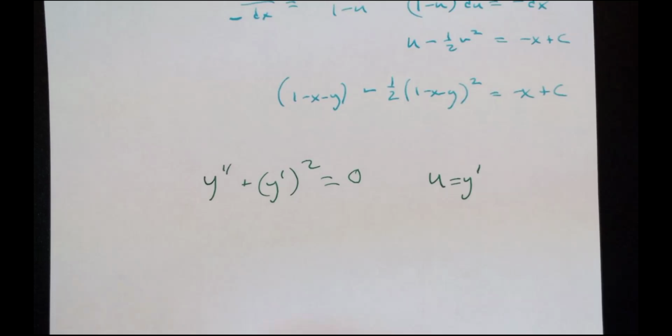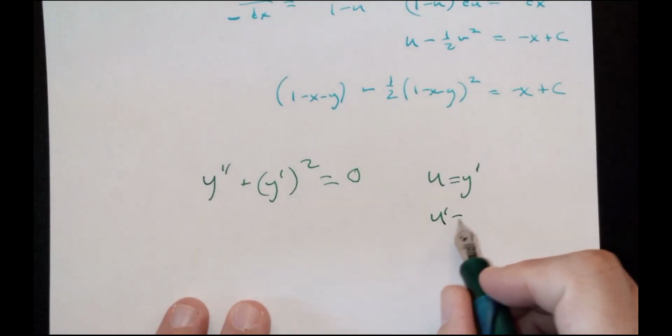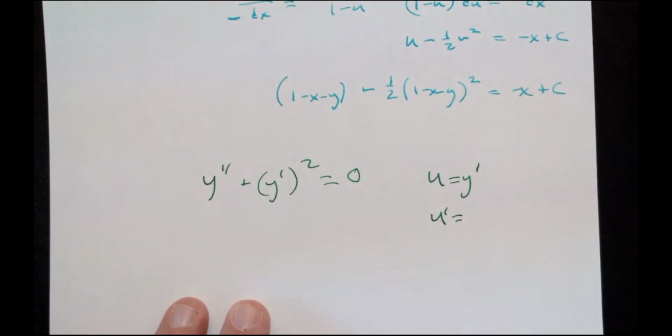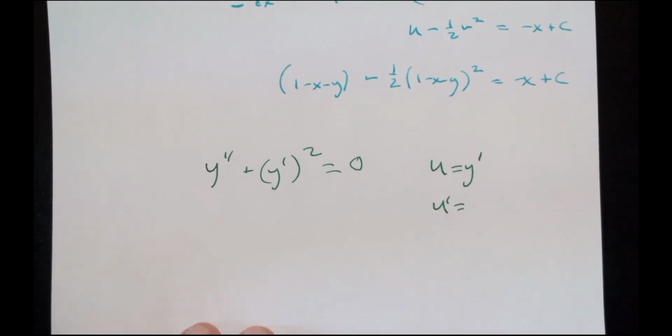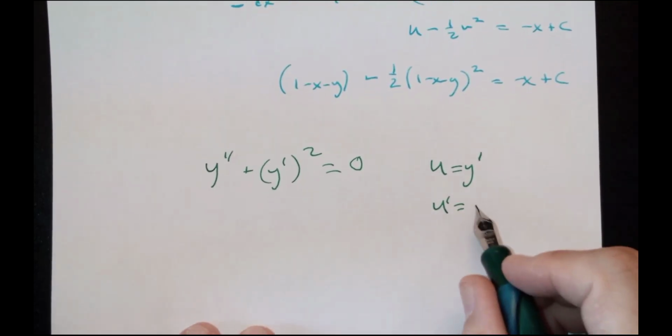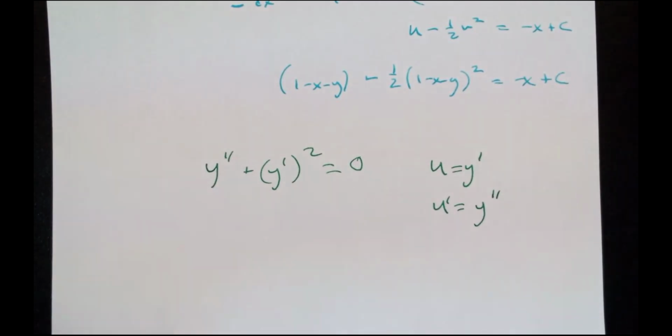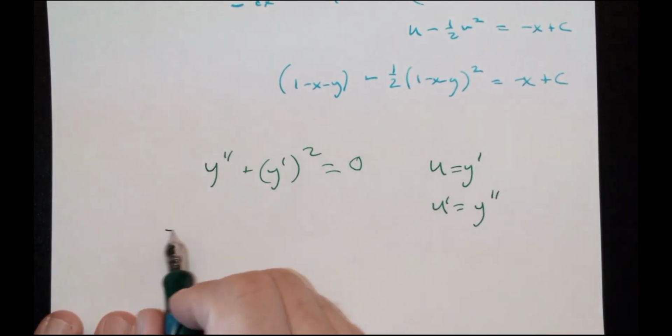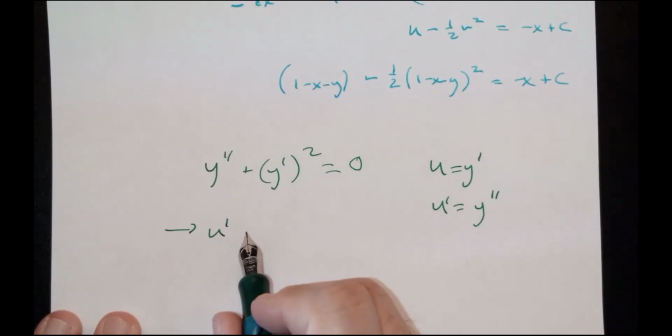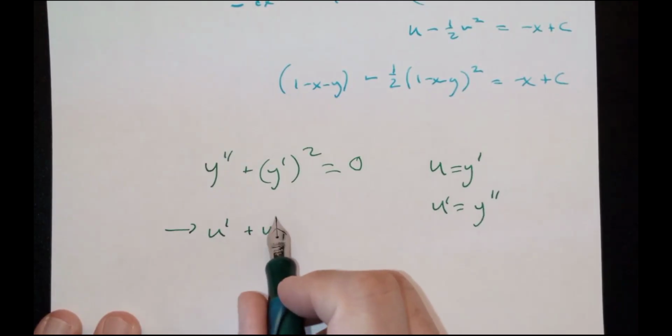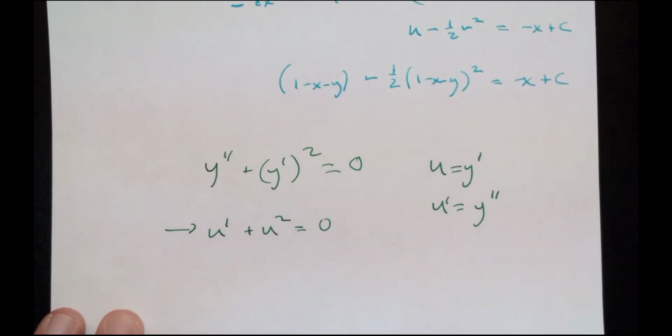Wait a second. If u is y prime, what's u prime? My second derivative, right? So that means that this equation is about to become u prime plus u squared equals 0.